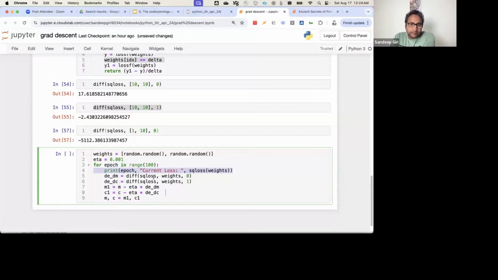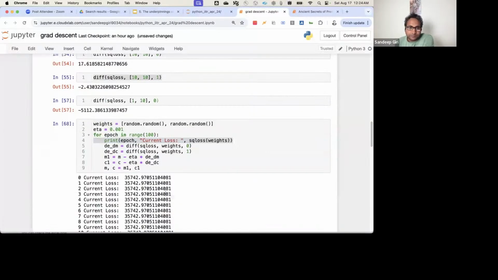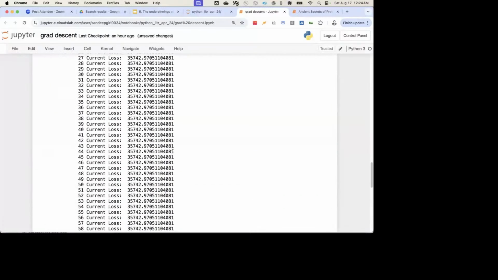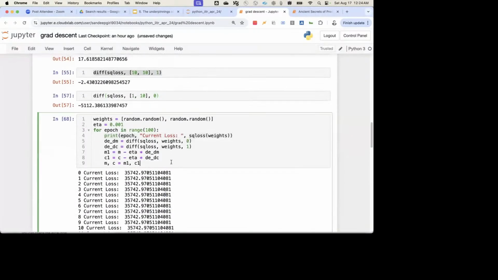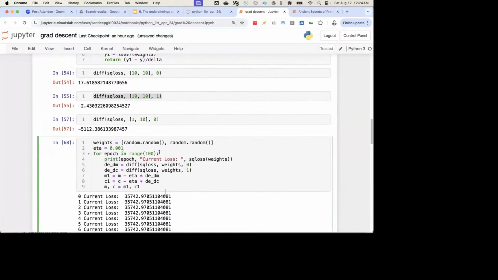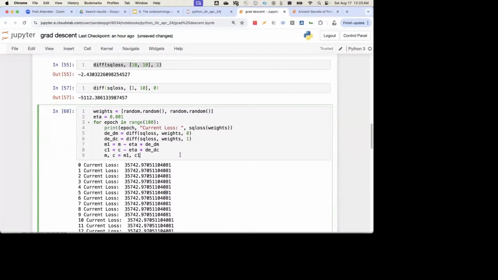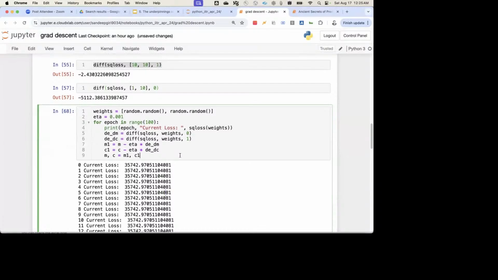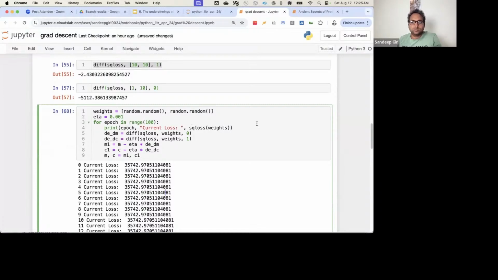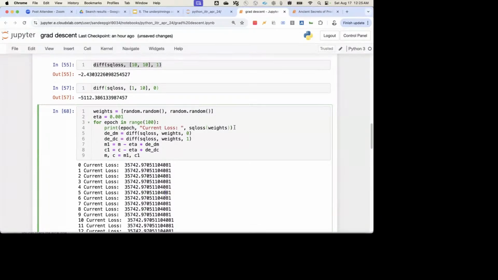Sandeep, shouldn't the eta be the same as what we have taken in the def function? Come again. In the def function, we have taken a step, right? So shouldn't that be the same as what we have defined in eta?